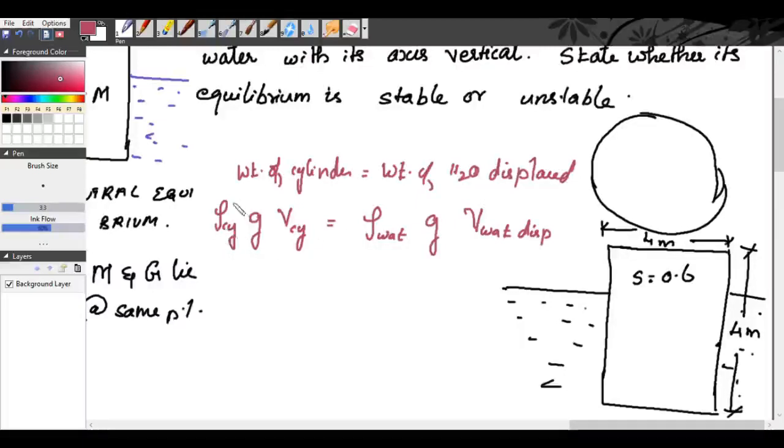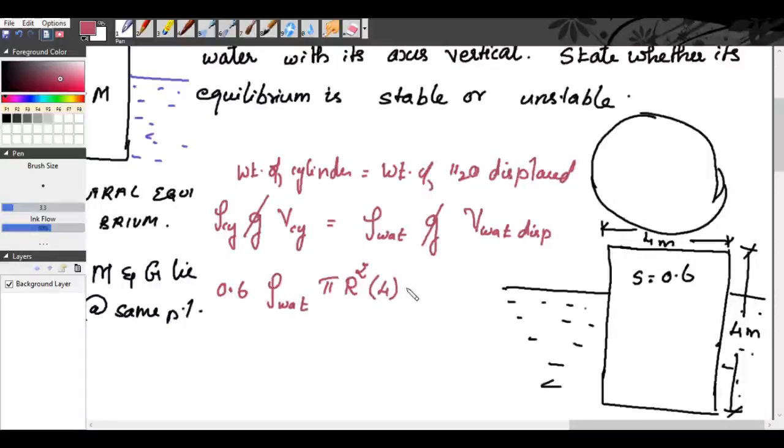We know density of the cylinder is equal to specific gravity into density of water. So, the specific gravity is 0.6 into density of water. So, this g and g get cancelled. Now, volume of cylinder is equal to pi r square h, right? Pi into r square into height of the cylinder, which is 4.